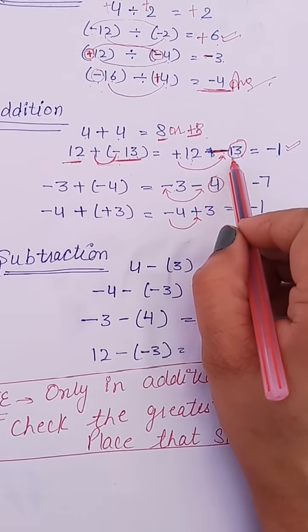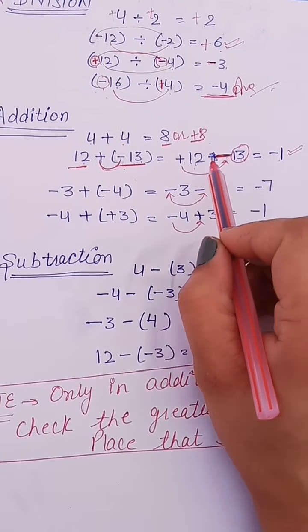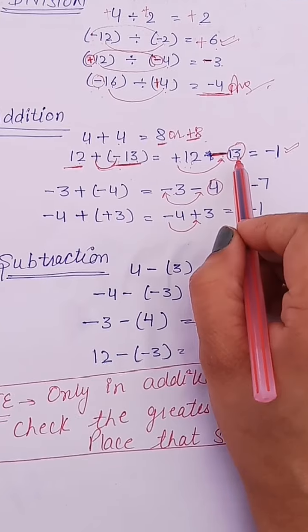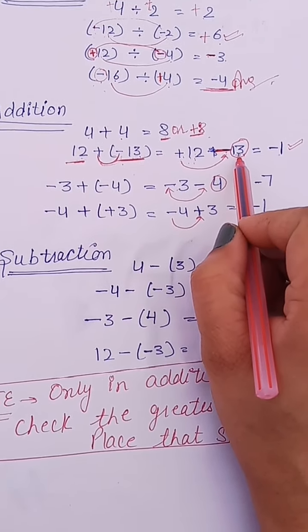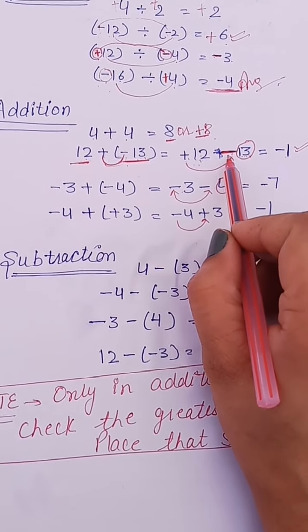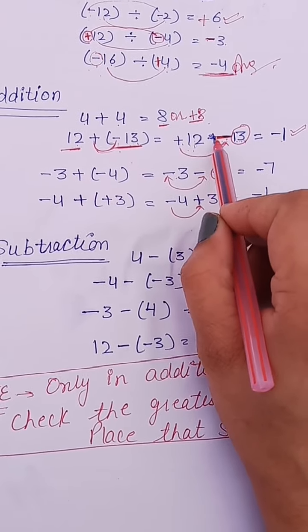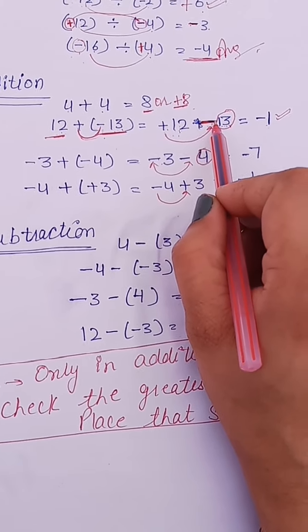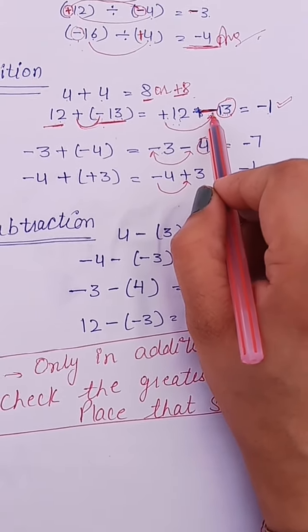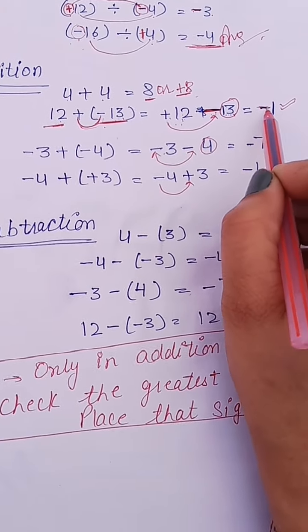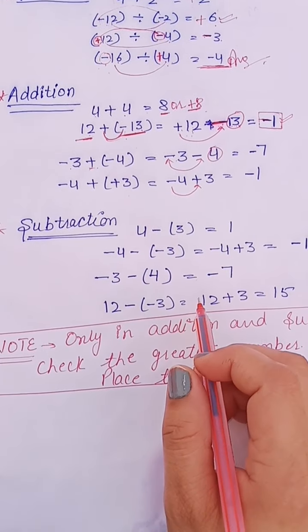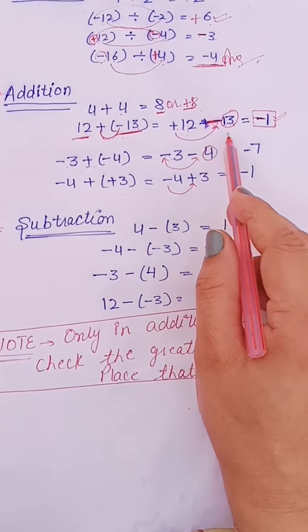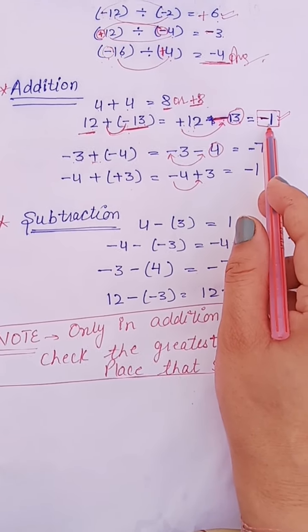Here 13 is greater than 12. Then 13 is the greater number and in front of the 13 there is a minus. Then you have to write this sign in the answer. Now you have to be clear on it. Minus 1 is your answer.